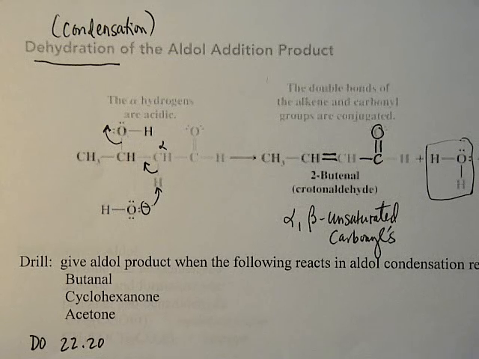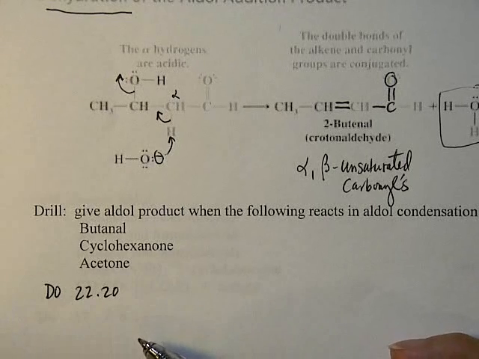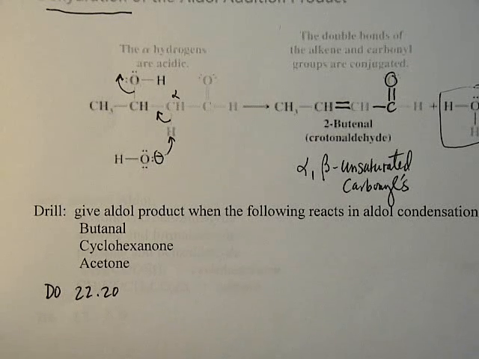All right, and then from your book, if you could do 22.20, that will also give you some practice in figuring out what the product might be before we start doing synthesis problems, which we'll be looking at later.